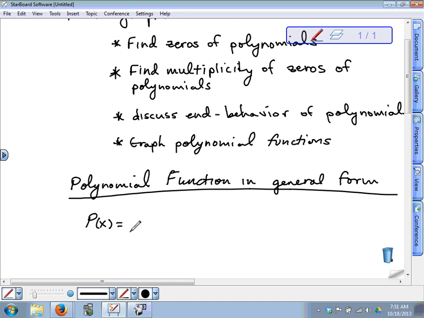They could use any letter, but they use p of x for polynomial. That's a subscript. It's a little n. It's an n, yeah.